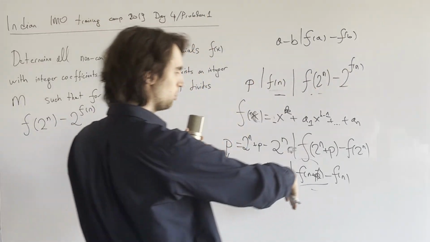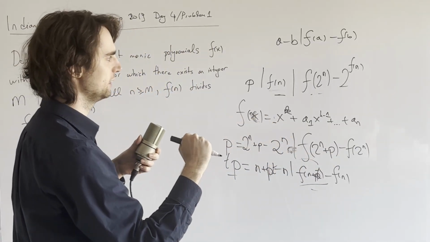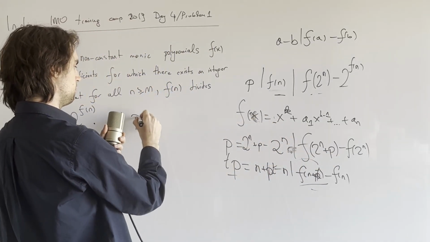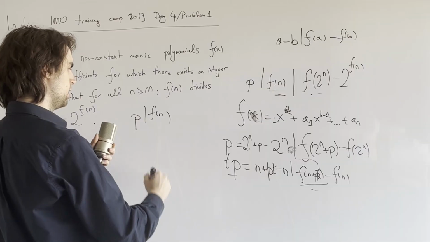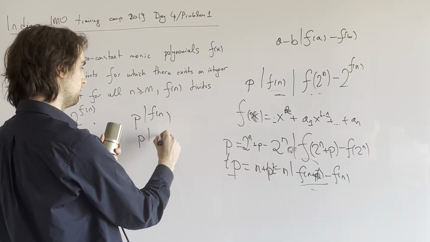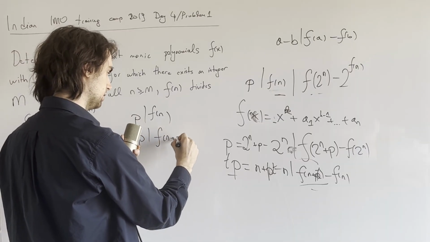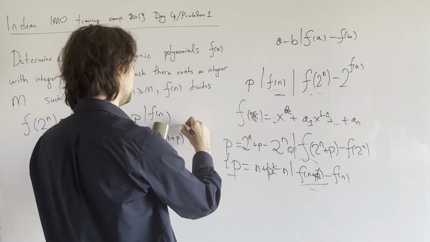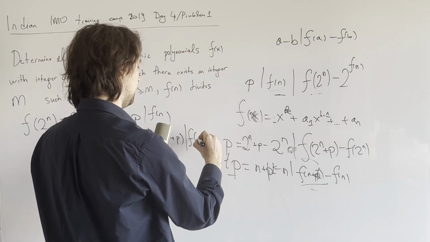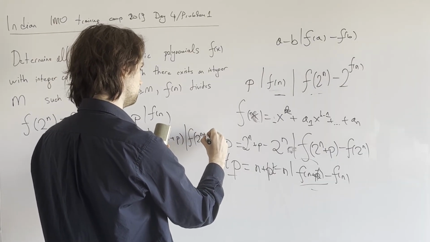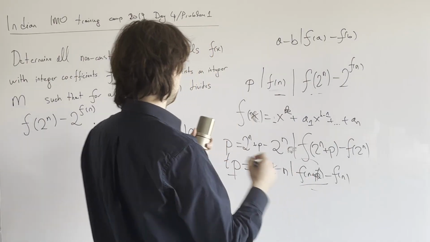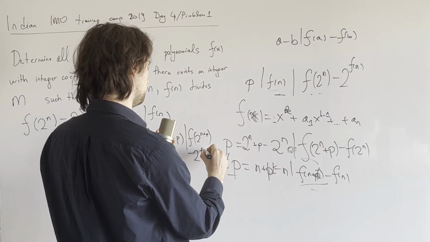So let's start first off with the simple t equals 1 case. What do we have? From p divides f of n, we're going to get that p divides f of n plus p, and we know this thing divides f of 2 to the n plus p minus 2 to the f of n plus p.